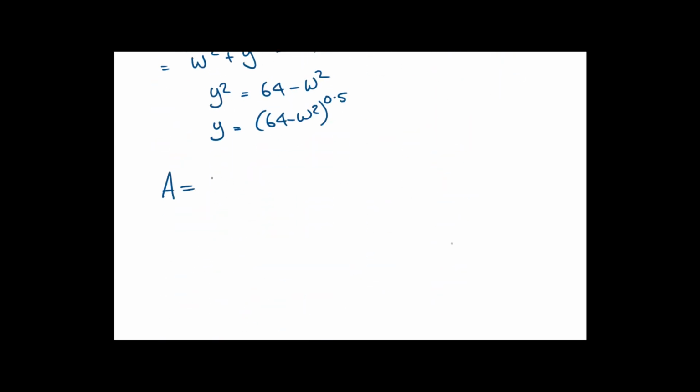So the area is 2W times Y, but we know that Y is this. So the area is 2W times (64 minus W squared) to the power of half.